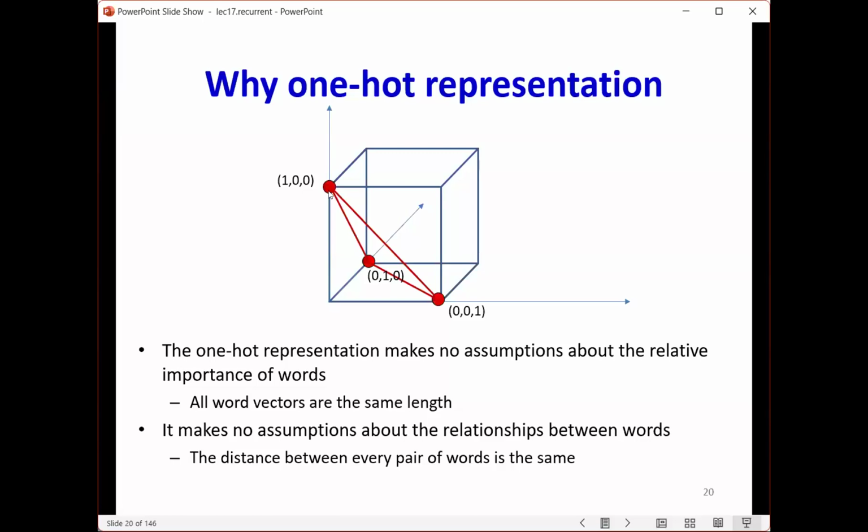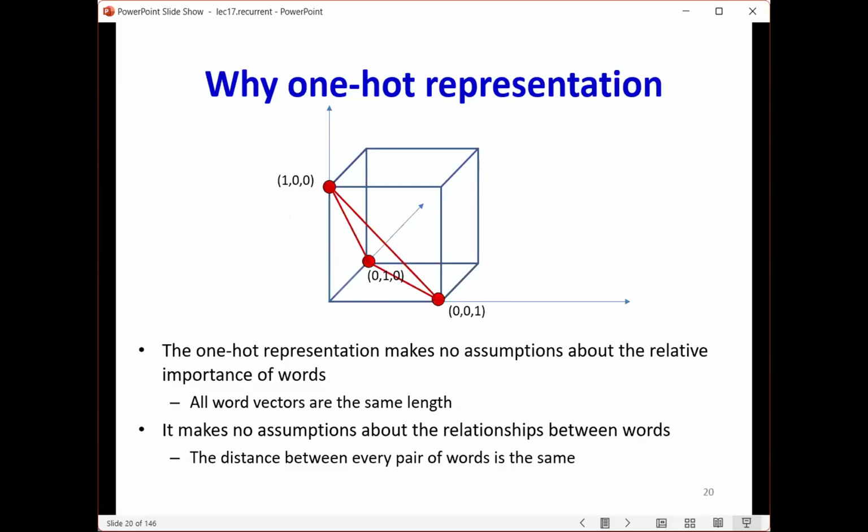But then here's the other thing. What is the distance between any 2 vectors in a one-hot representation? The distance between any 2 vectors is square root of 2, right? So basically, you're not assuming a priori that word A is closer to word B than it is to word C. In the absence of other information, it is improper for us to make this assumption.